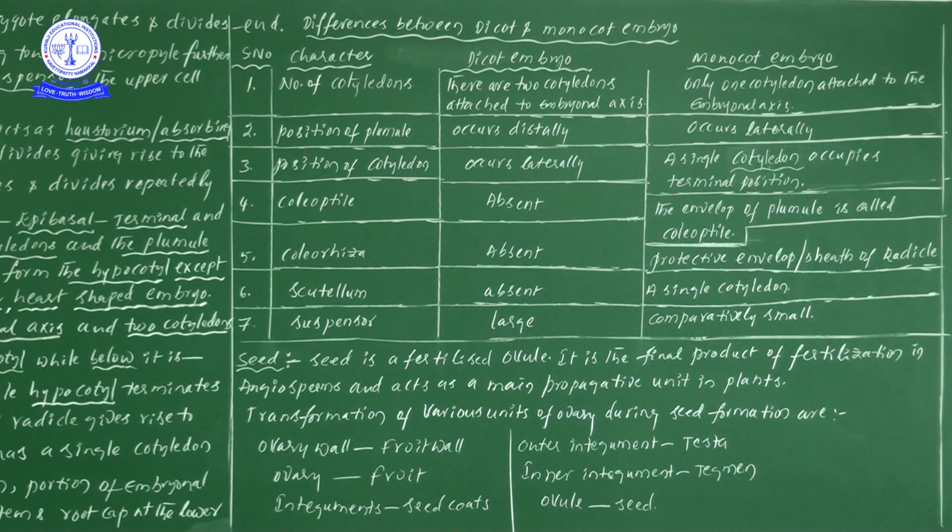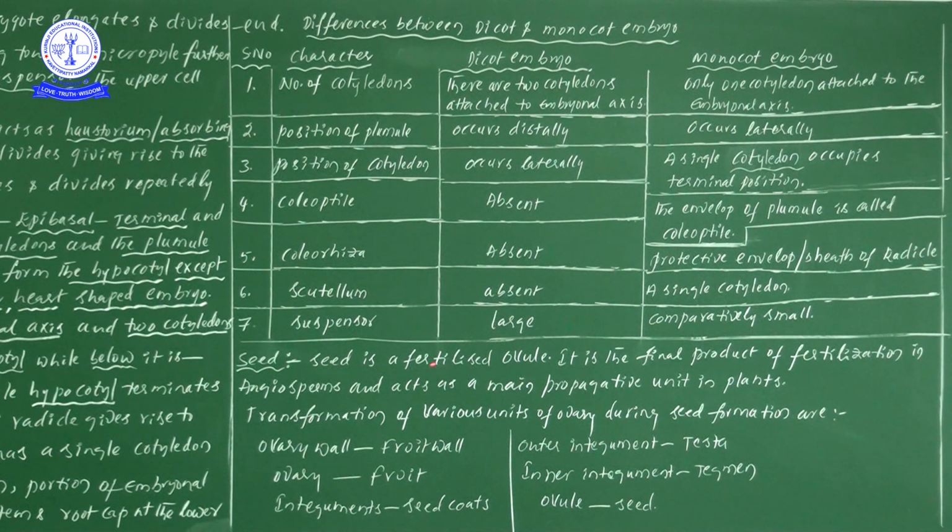This is the last and final concept in sexual reproduction in flowering plants. But this topic will not be completed in this video. I will complete it later. I have to give some information related to apomixis and polyembryony, and after completing that I will conclude. Now let us learn the information under seed.